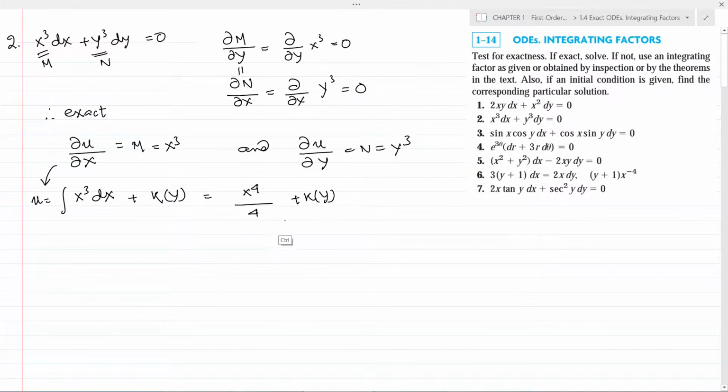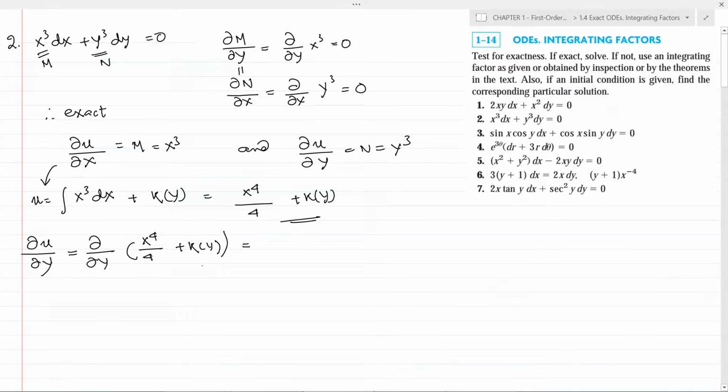This is the provisional value of u. Now we can calculate del u by del y, which is equal to del by del y of x to the power 4 by 4 plus k of y.